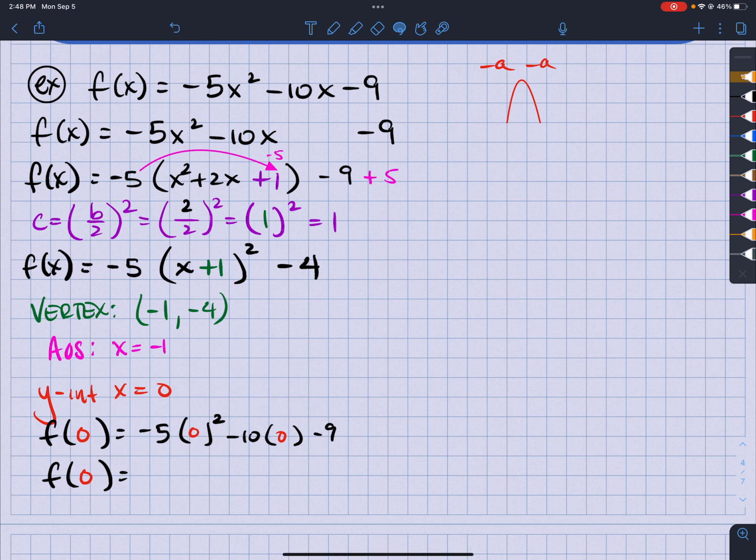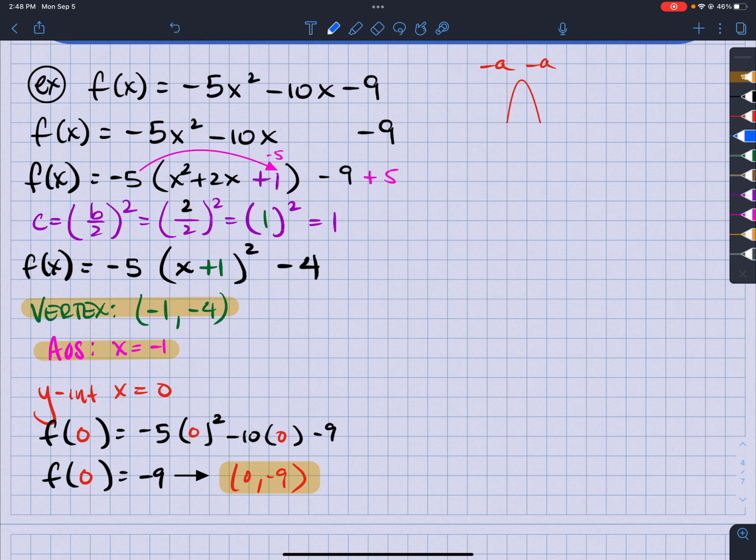So f of 0 is going to give me -9. Okay, so this gives me the point of my y-intercept. Let's put it in red here, which will be 0, -9. Okay, so we have some key points here. We've got the vertex, we have the axis of symmetry, and we have a y-intercept. Okay, so so far so good.